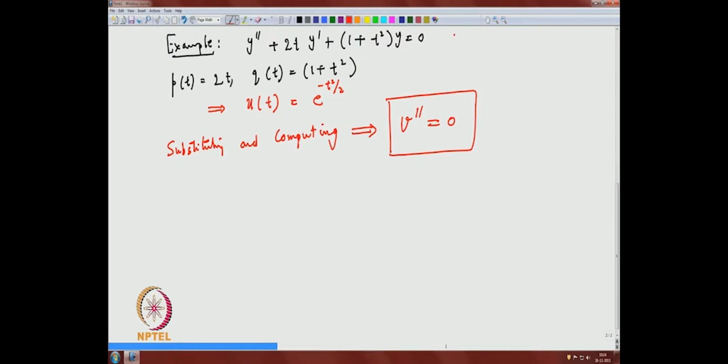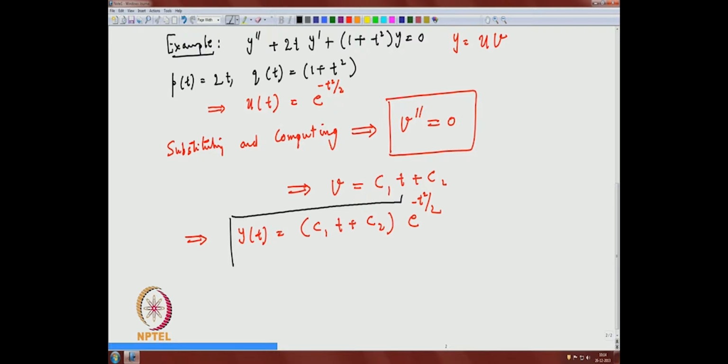So, you are looking for a solution of the form y equal to uv, and this will give you V equal to C1 t plus C2, and that will imply your y(t) is of the form (C1 t plus C2) into e power minus t square by 2.